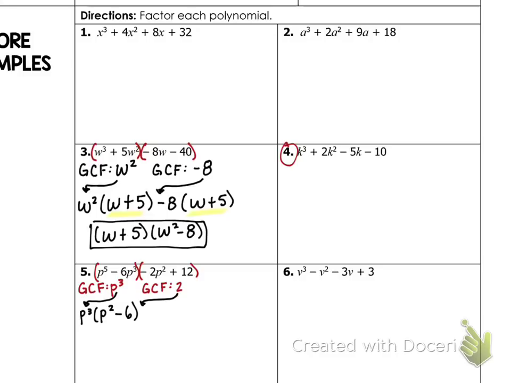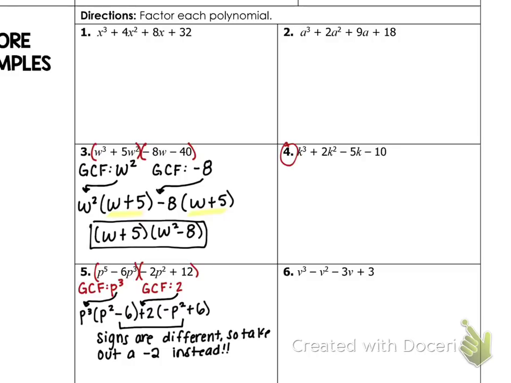And then if we take out a GCF of 2 here, we're left with, well, -2 divided by +2 is a -1. So we're left with -1P squared, right? And then 12 divided by 2 is +6. Do these two match? They don't. The signs are different. The numbers match, but the signs are different.